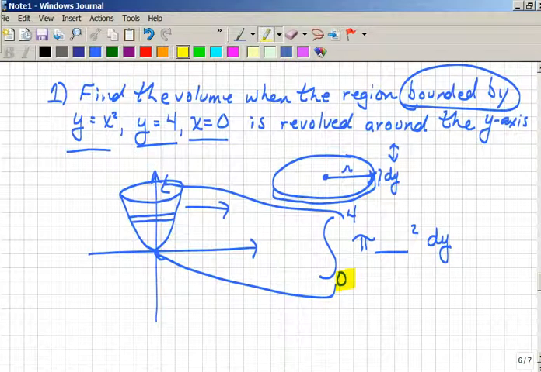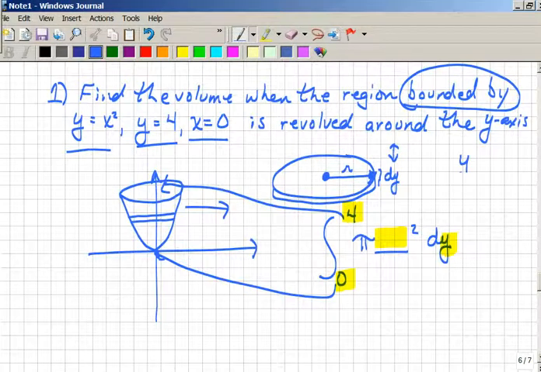Now everything must match in terms of variables. The 0 is the y value of the bottom point. The 4 is the y value of the top point of the bullet tip. dy is the height of the little thin cylinder. So our radius must be in terms of the variable y. Well, the radius is the distance from the axis to the outer edge, which is the original curve.